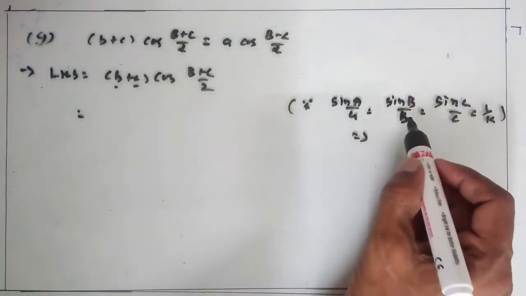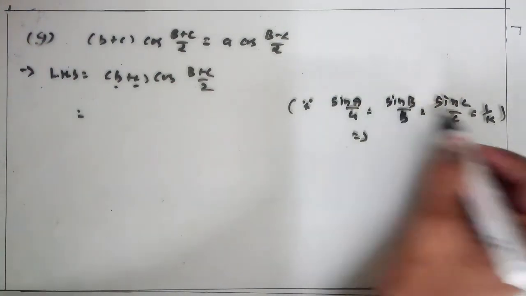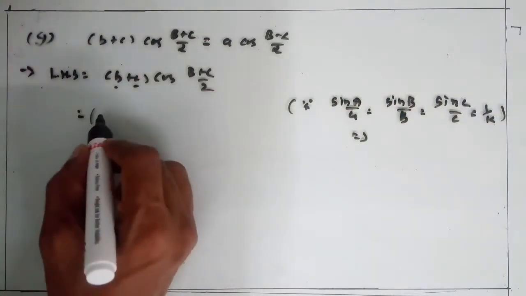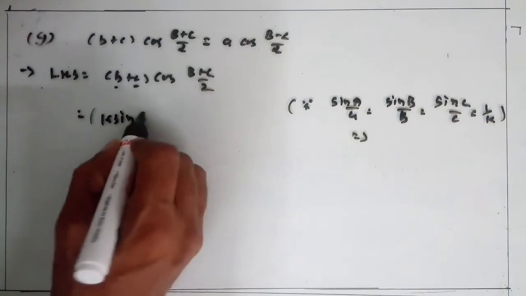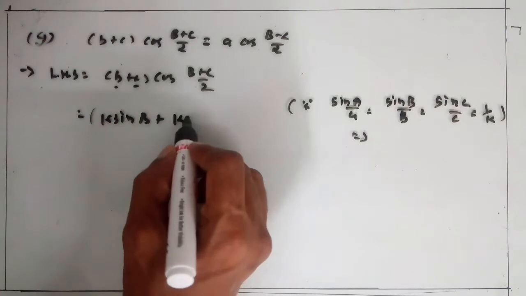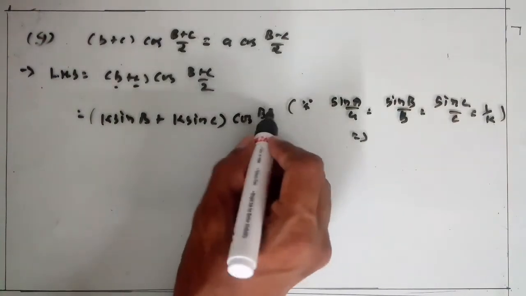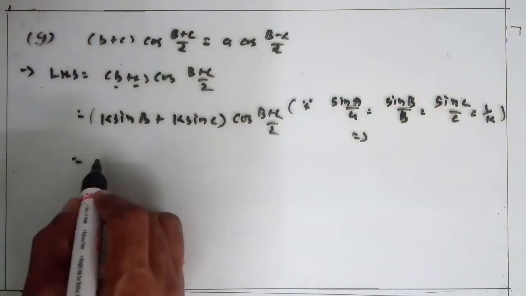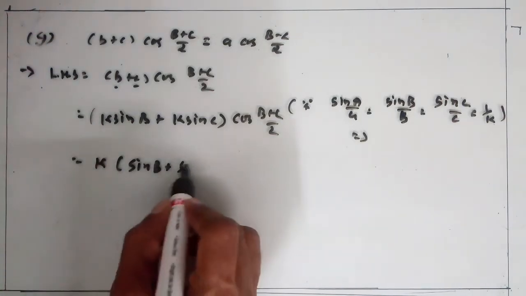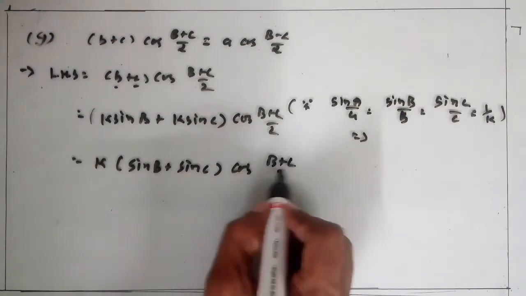So this implies b is equal to k sin B, similarly c is equal to k sin C. In place of b and c take these values: k sin B plus k sin C into cos((B + C)/2). Clear this? Take k common, so (sin B + sin C) into cos((B + C)/2).